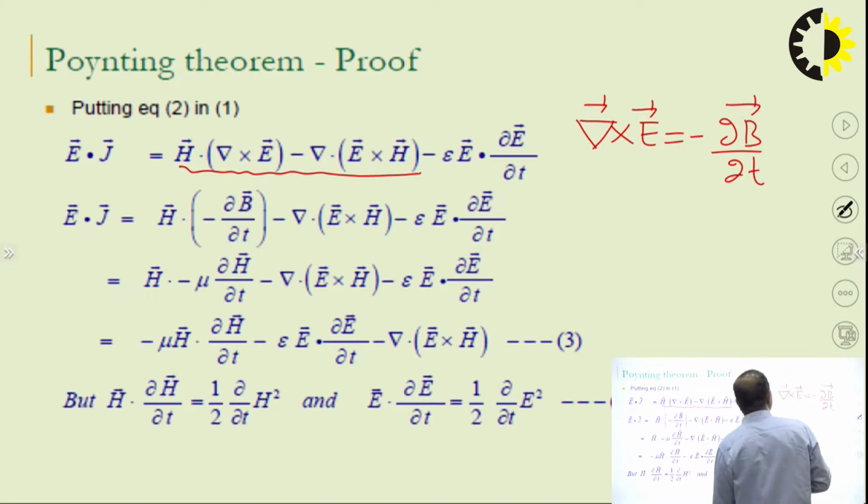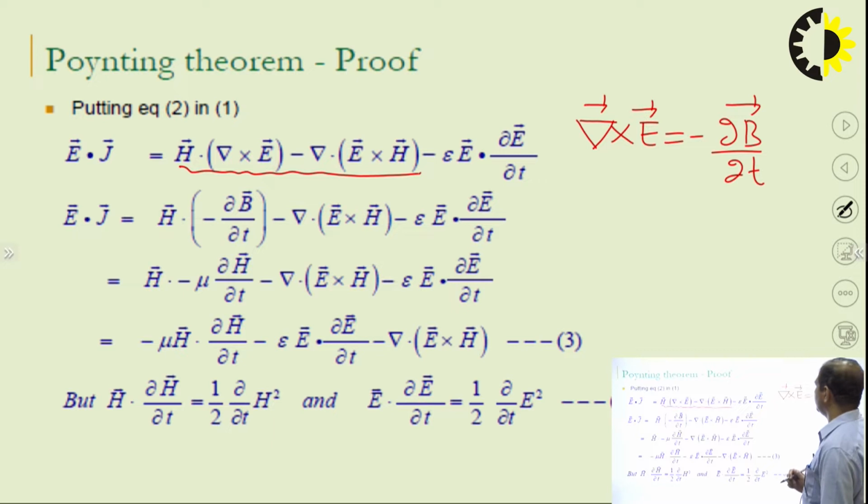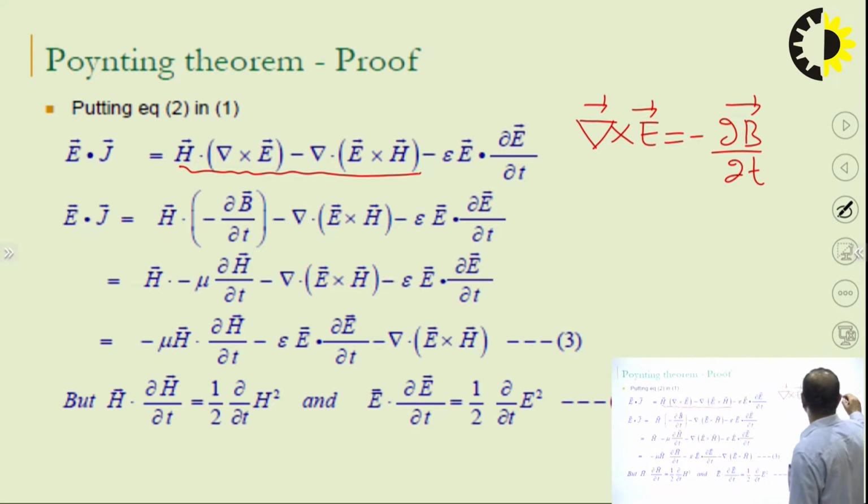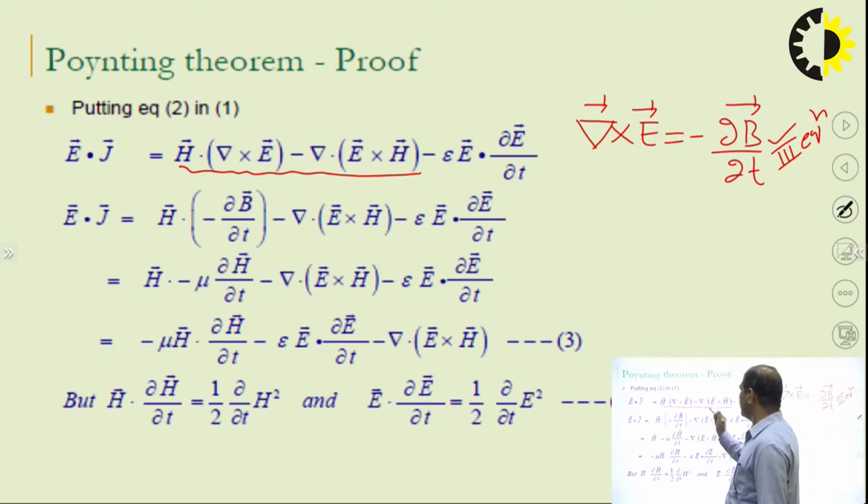Del cross E is equal to minus dB over dt. So we have substituted here the value of del cross E from this relation. So use this equation and substitute the value of curl of E. So curl of E or del cross E is equal to minus dB over dt.